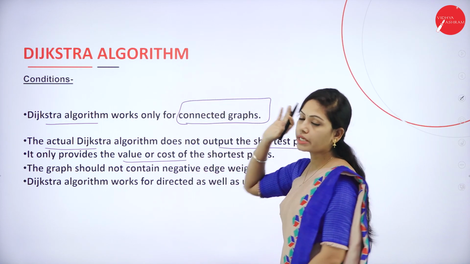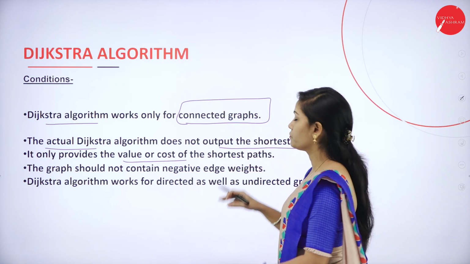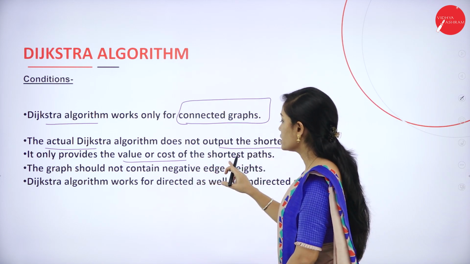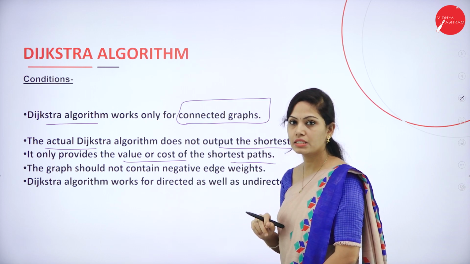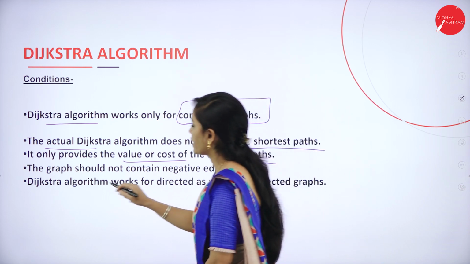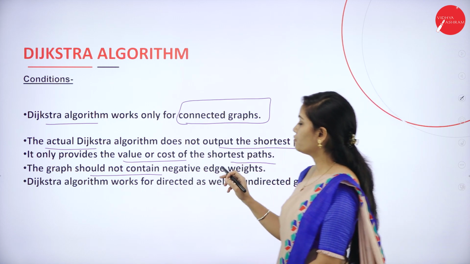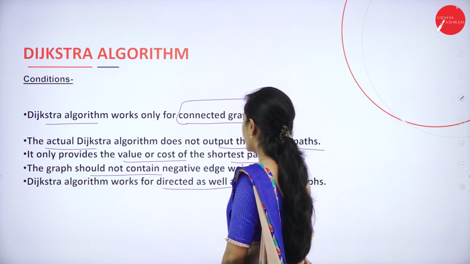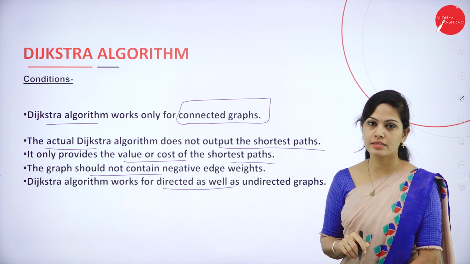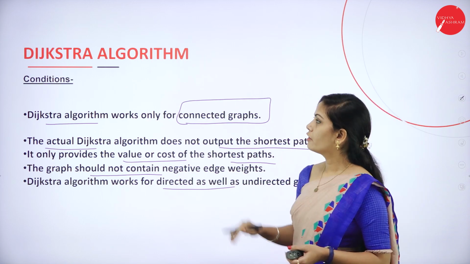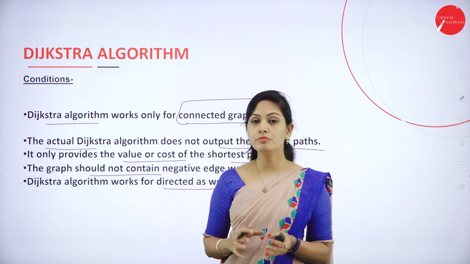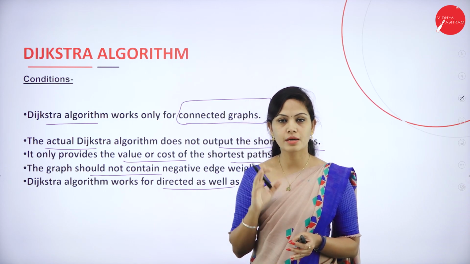The graph should not contain negative edge weights, and it works for directed as well as undirected graphs. Clear?